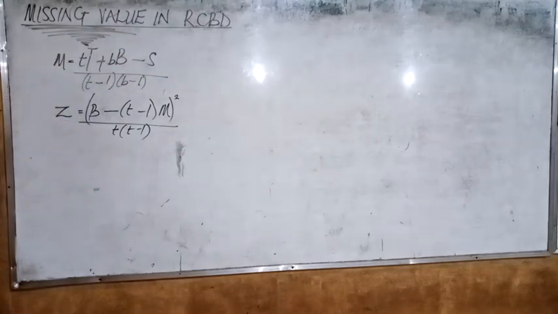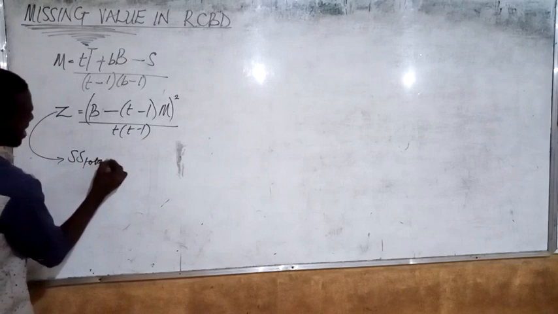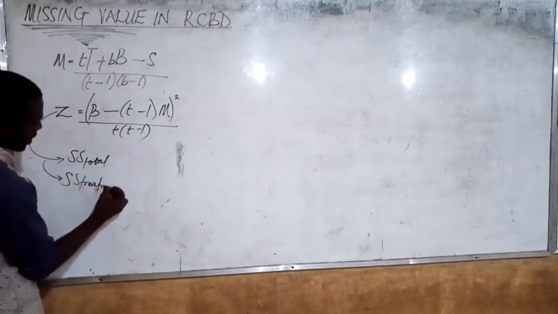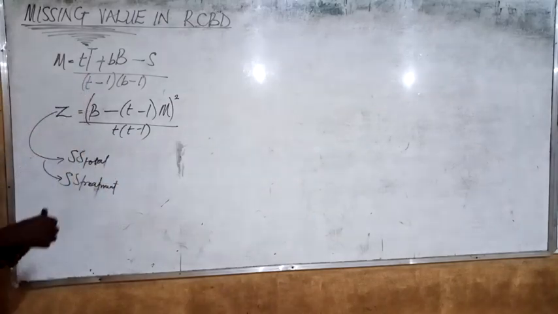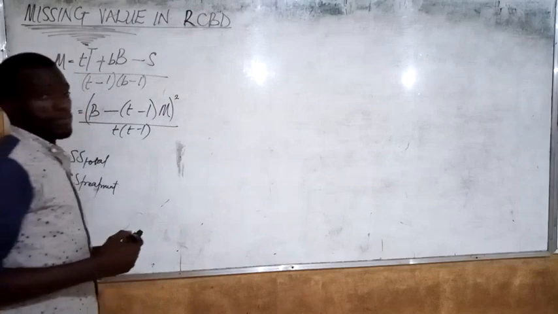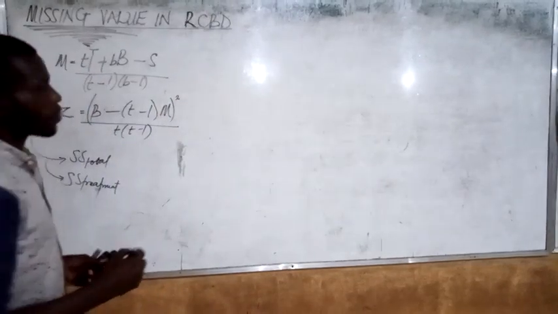Now, take note that we only correct this bias on the total sum of squares and the treatment sum of squares. Then you will ask, because it's in RCBD, why do we not correct the bias in the block? It is because our interest is not in the block.